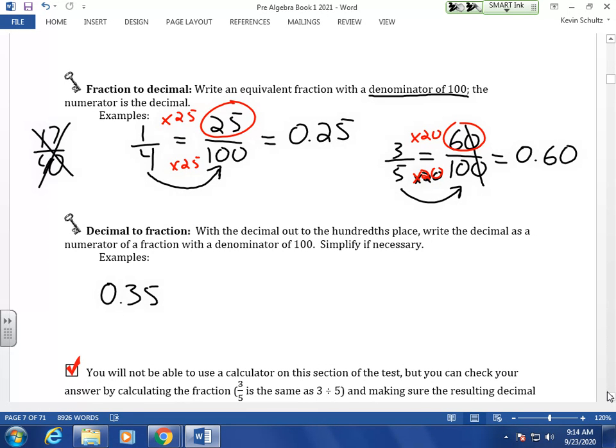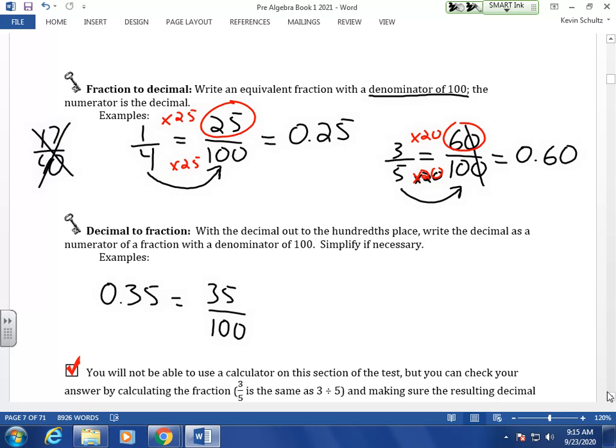Yeah? 35 hundredths, right? The same way that fraction is written, 35 hundredths. So it says decimal to a fraction with the decimal out to the hundredths place, write the decimal as a numerator of a fraction with a denominator of 100. Kind of the opposite of what we did up here, right? Starting with that decimal, 35 hundredths.